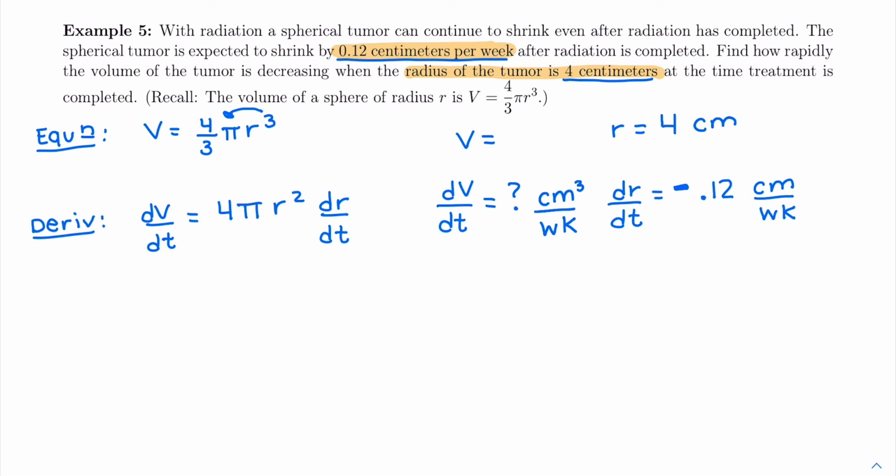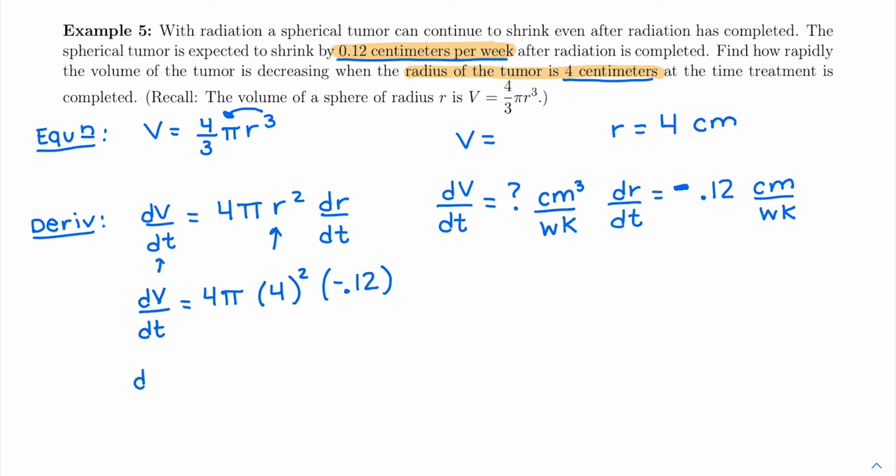So how our volume is changing with respect to time is what we're actually trying to solve. So I'm going to leave that as dV/dt and plug in the rest, which is going to be 4 pi, and my radius is currently, unfortunately, 4 centimeters, and that's getting squared for the size of the tumor. So we have 4 pi r squared, so 4 pi times 4 squared for this one, and then we have dr/dt. We are decreasing this by negative 0.12 centimeters.